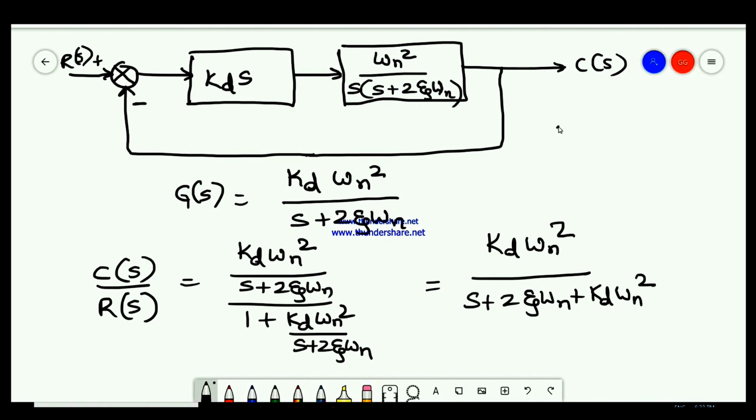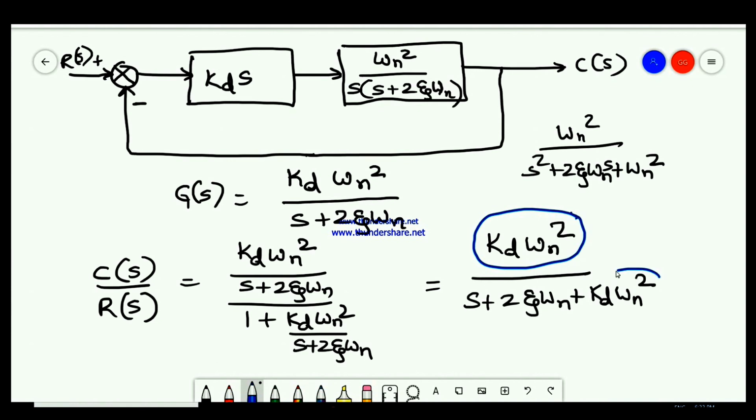So the major benefit here, if you compare this with the second order system, is that omega n square is multiplied with k d, where the time specification is reduced because k d is multiplied by omega n square. Increase in k d will increase the natural frequency. Meanwhile, the time specification which is dependent on the natural frequency will get reduced. So the system response becomes faster.